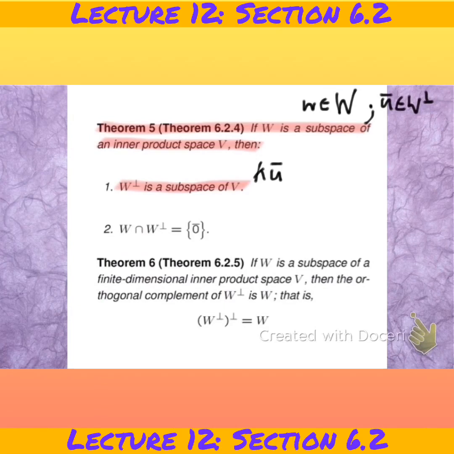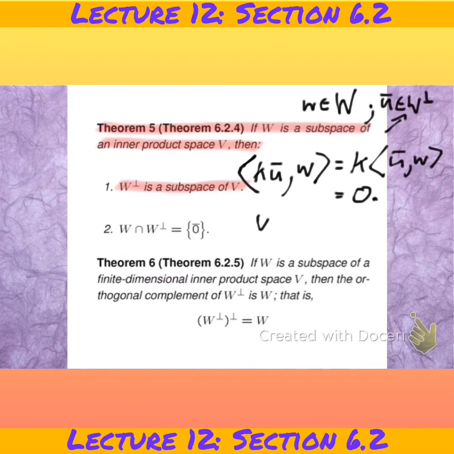Then if you take the inner product of the scalar multiple of u with w, by definition that is the scalar times the inner product of u with w, and because u is in the orthogonal complement of W, the inner product is going to be 0. So clearly any scalar multiple of a vector that's in the orthogonal complement of W will also be in the orthogonal complement of W.